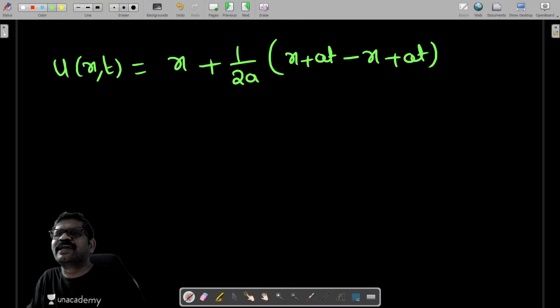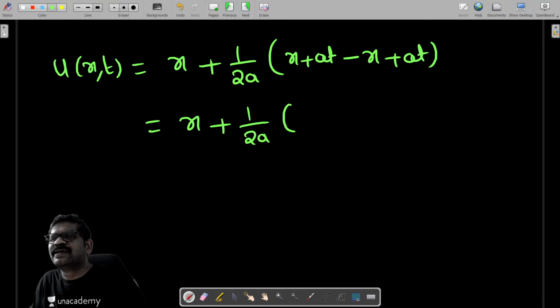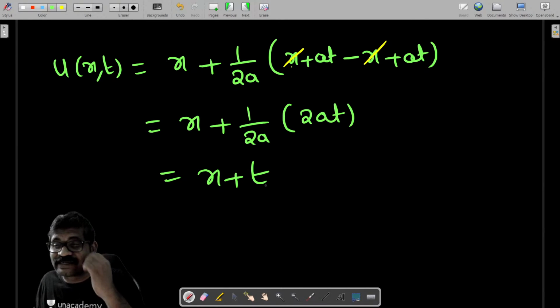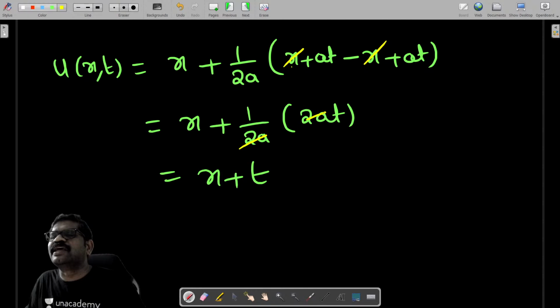From this you can write x plus 1 by 2a of, here plus x and minus x you can cancel, at plus at, 2at. After cancelling 2a you will get x plus t. Here a is in cancellation, that's why we need not substitute the a value. Suppose if a is in u of x comma t, then compulsorily you have to substitute the a value. But here the a's are under cancellation, therefore u of x comma t is x plus t.